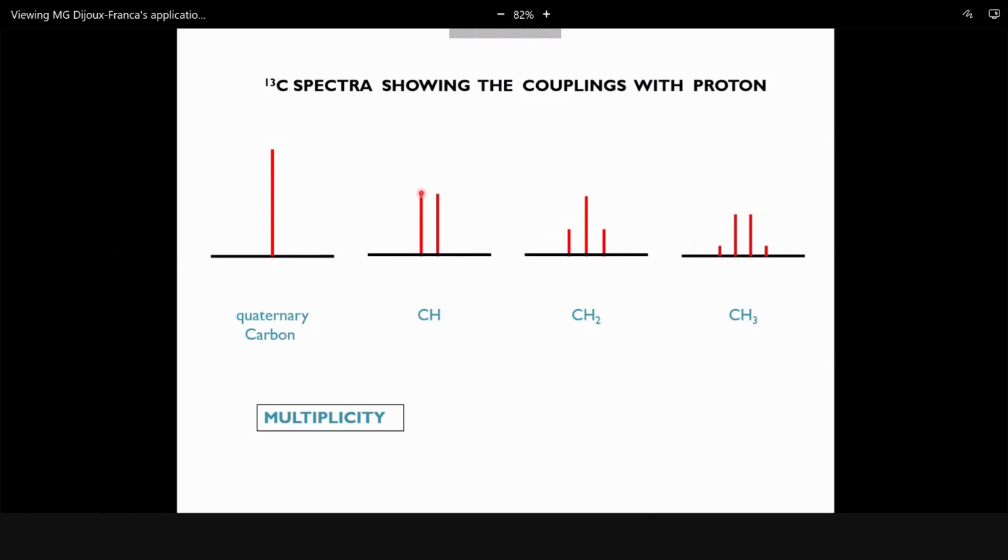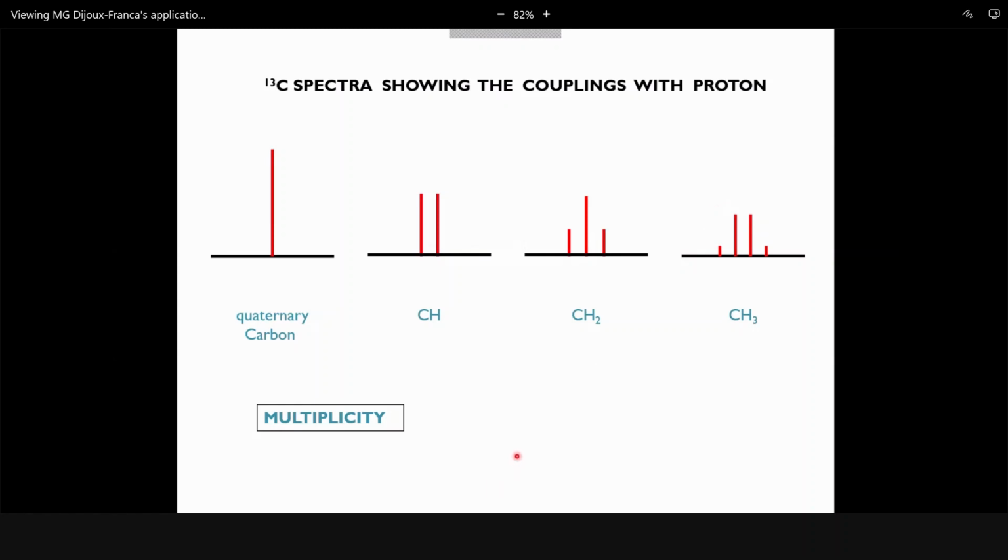So as soon as you increase the number of lines, of course, you lower the height of the signal.